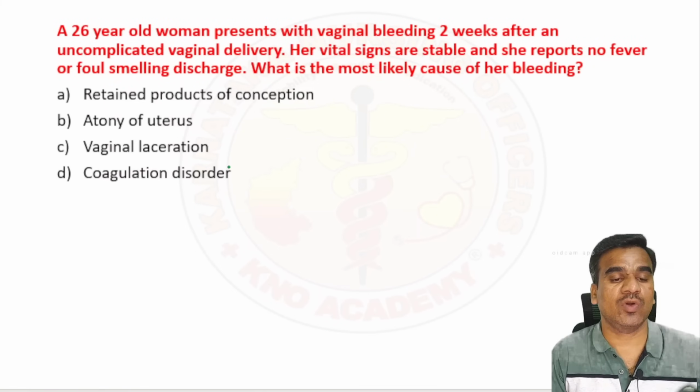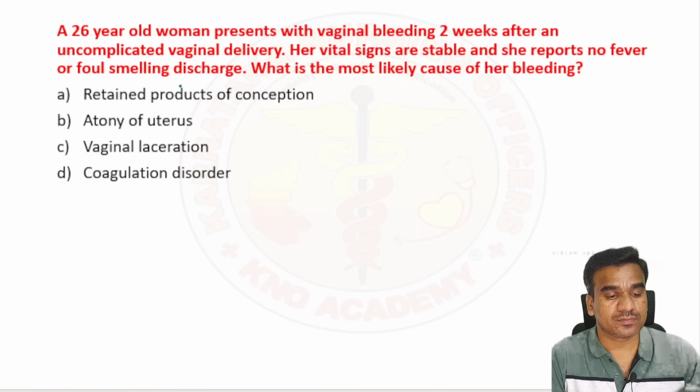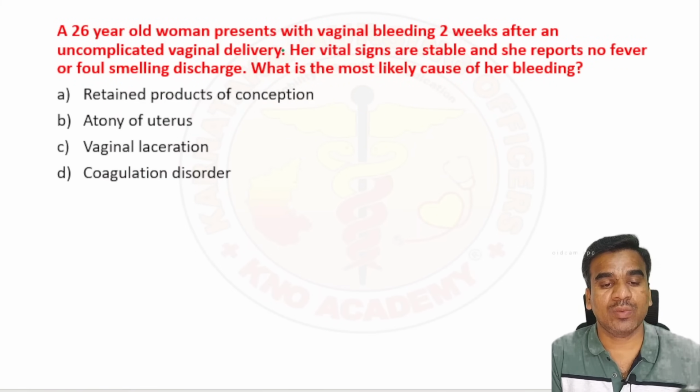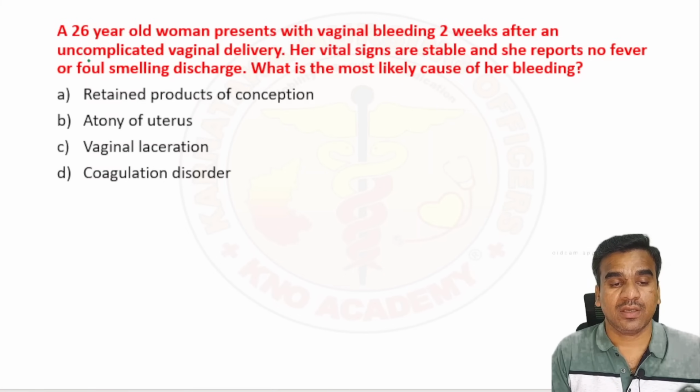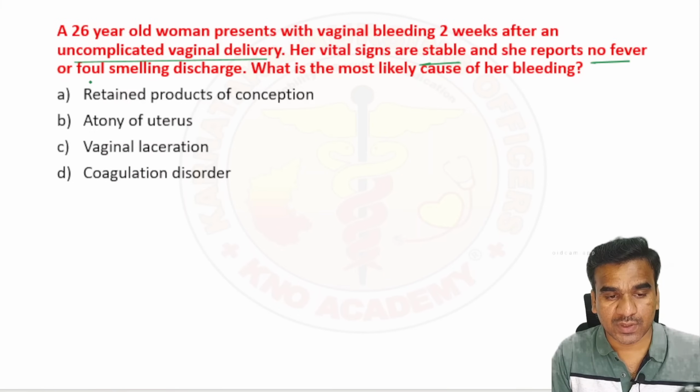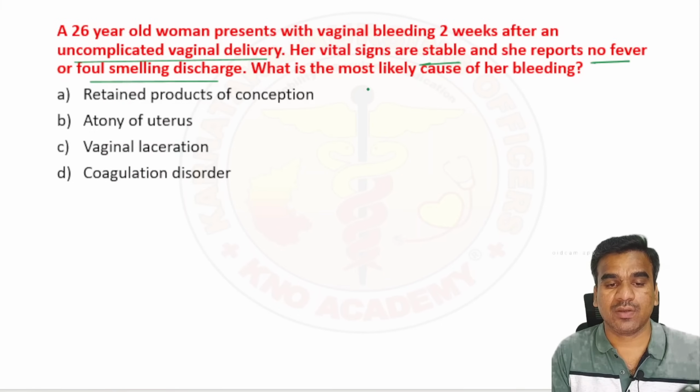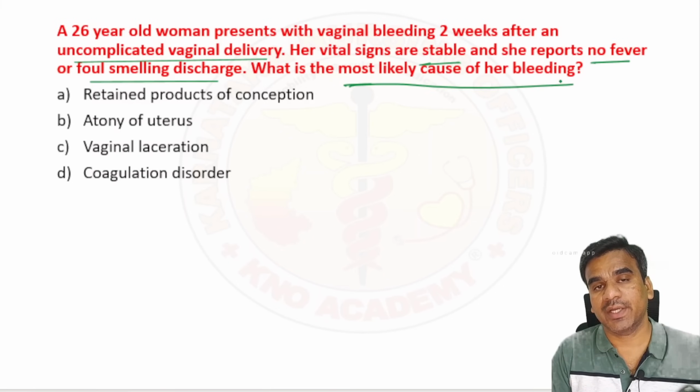Then we'll move on to the next question. A 26-year-old woman presents with vaginal bleeding 2 weeks after an uncomplicated vaginal delivery. Her vital signs are stable and she reports no fever or foul smelling discharge. What is the most likely cause of her bleeding?